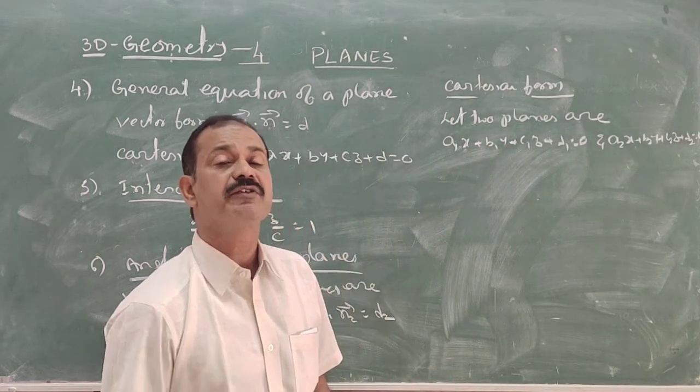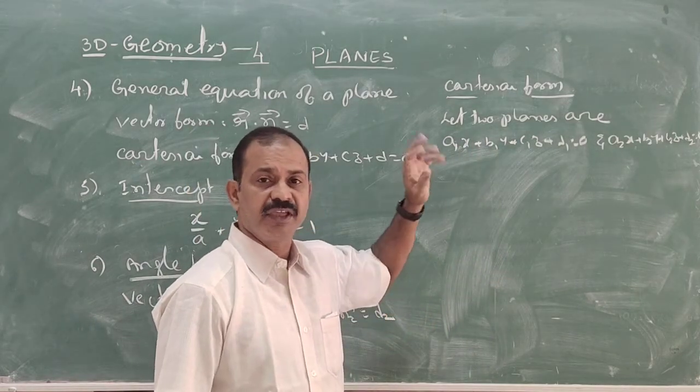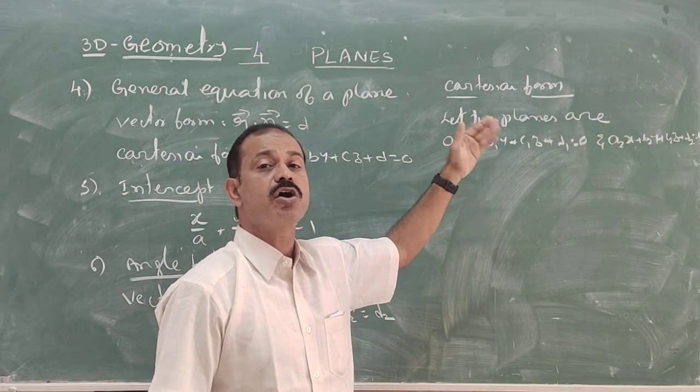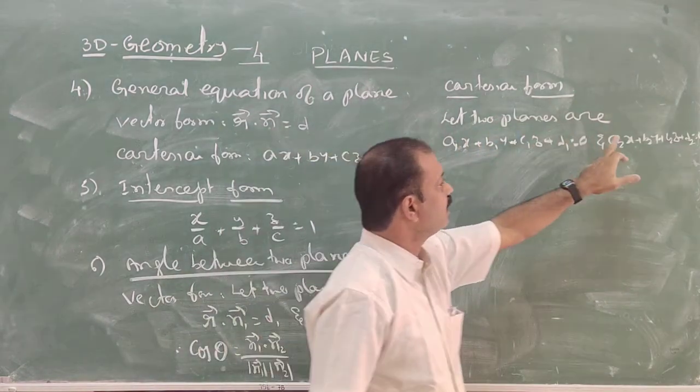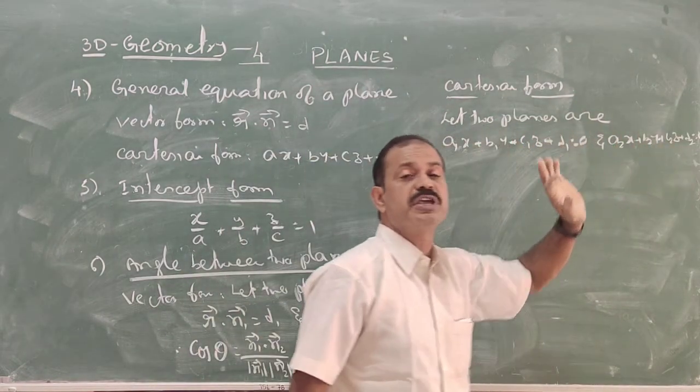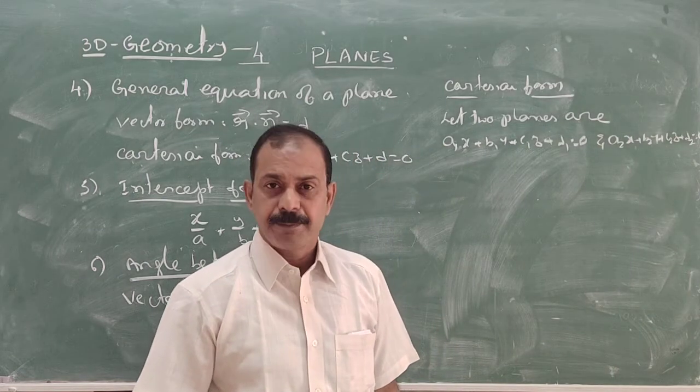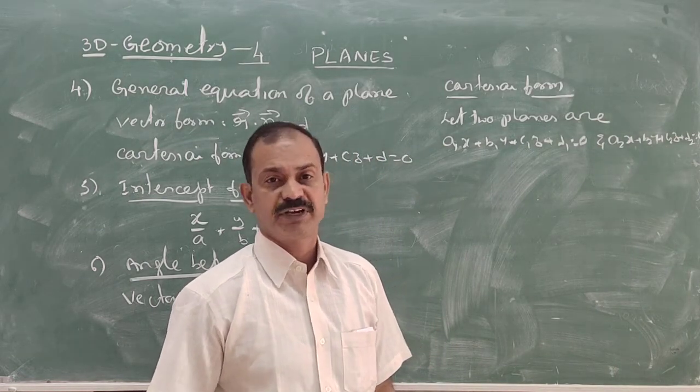These are the given two planes in which the drs of the perpendicular vectors are a1 b1 c1 and a2 b2 c2. They are nothing but drs of the perpendicular vector or normal vector.